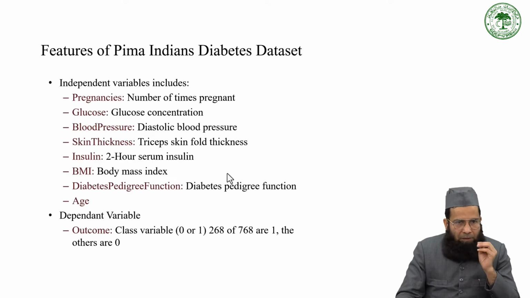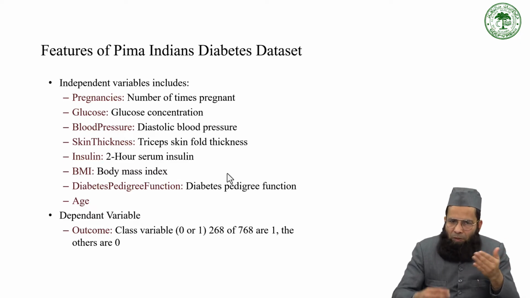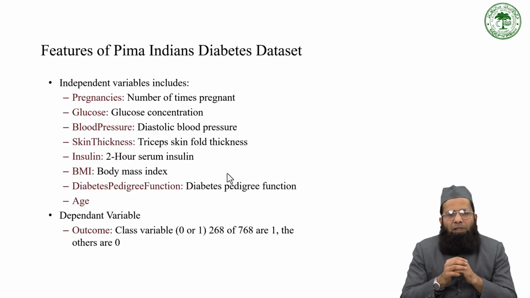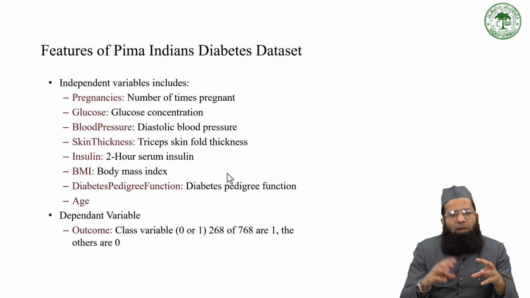These are the independent variables: pregnancies, the number of times pregnant, then glucose level, diastolic blood pressure, skin thickness, triceps skin fold thickness, insulin value, 2-hour serum insulin value, BMI body mass index value, diabetes pedigree function, and age. These are independent features, and one dependent variable or feature, that is outcome. It is either 0 or 1.